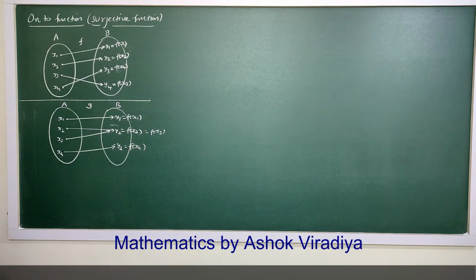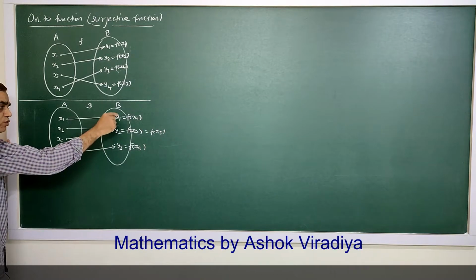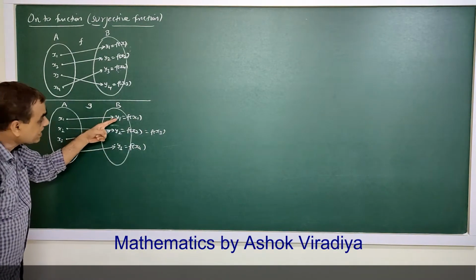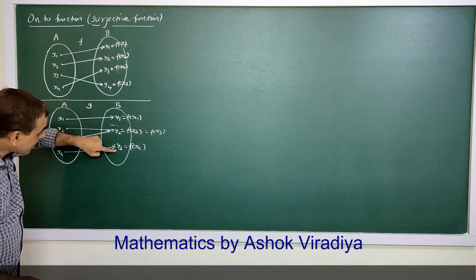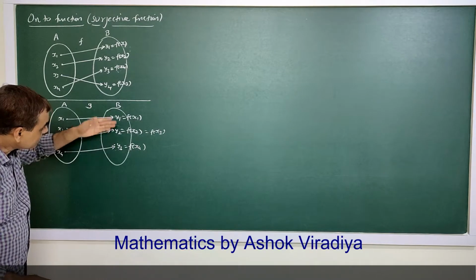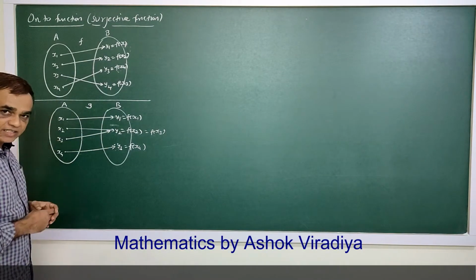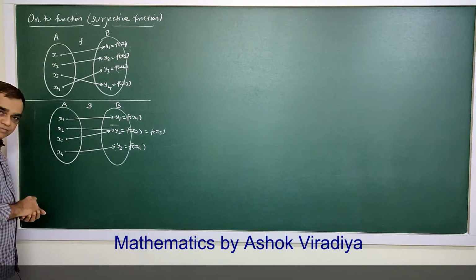Now see, here the codomain has three elements y1, y2, y3, and every element of the codomain is the image of someone from the domain. Pre-image of y1 is x1.